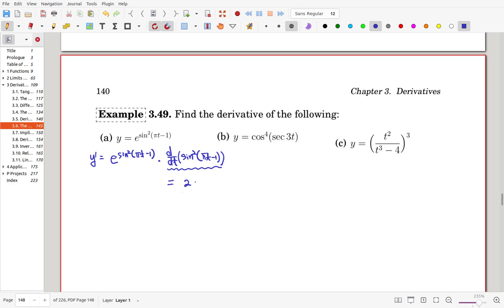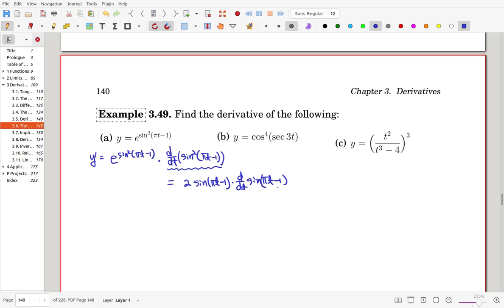So that is now 2 sine of pi t minus 1. And then you have to multiply by d over dt of sine of pi t minus 1, right? It's a little bit complicated.